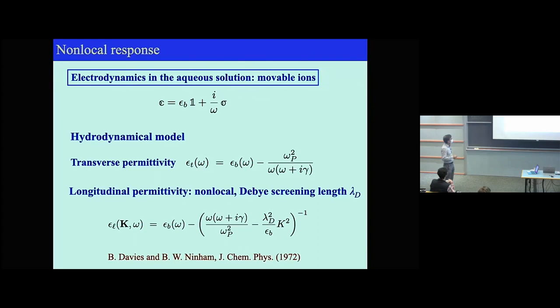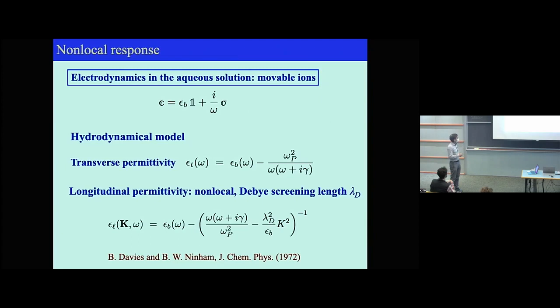There is no K-dependence here. This is just the Drude-like term, and here is the plasma frequency of the ions, which, as I told you, is very, very small. And here is the dielectric constant of pure water, right? It comes from the polarization of the water molecules. This is the one that we can check in tables.